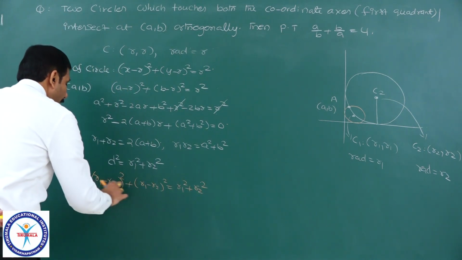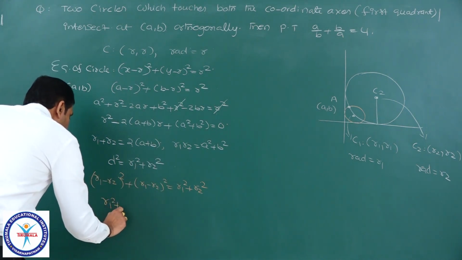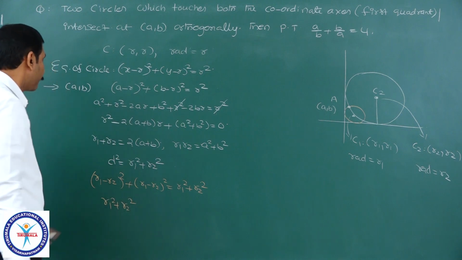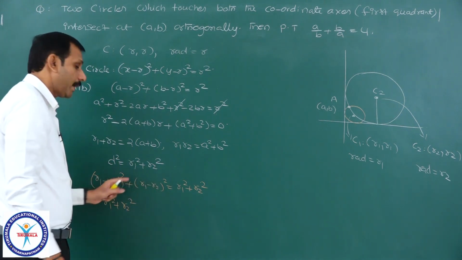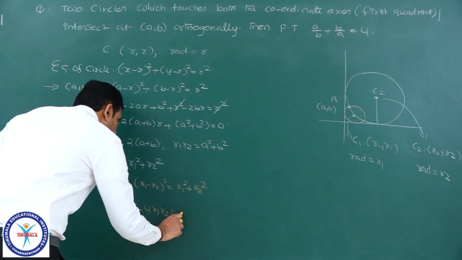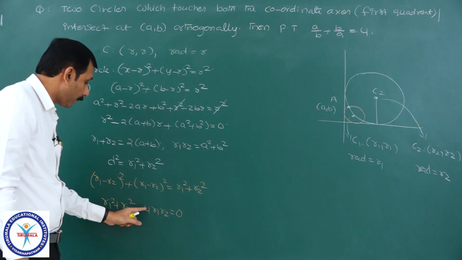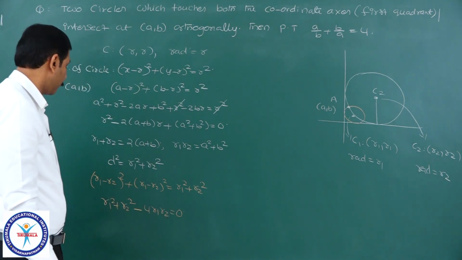Therefore, now one r1² + r2² will get cancelled. r1² + r2² − 2r1r2 − 2r1r2 − 4r1r2 = 0, so r1² + r2² − 4r1r2 = 0.